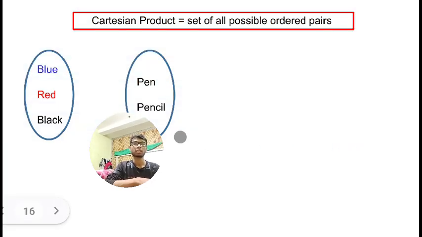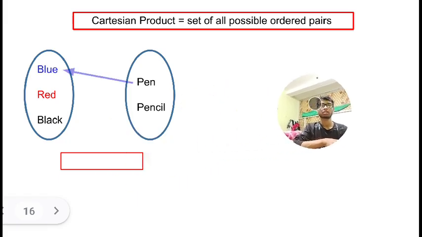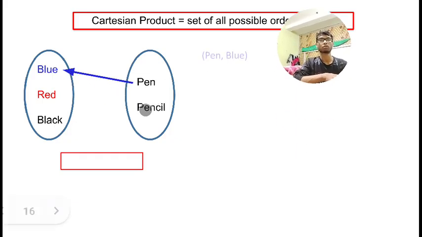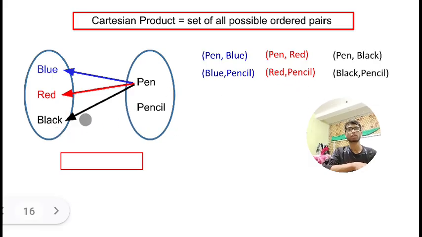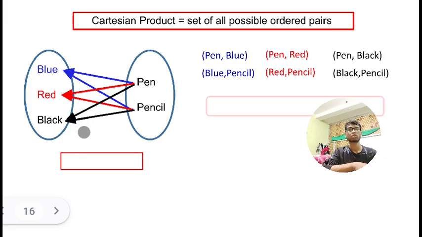Let's see. Here we have this belonging to this set, and this belonging to this set. So pen comma blue, we know pen blue. Then here blue comma pencil, yes, just opposite. So red comma pencil, pen comma black, so black comma pencil, just opposite.